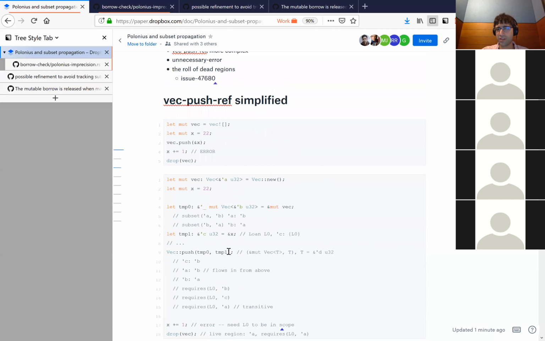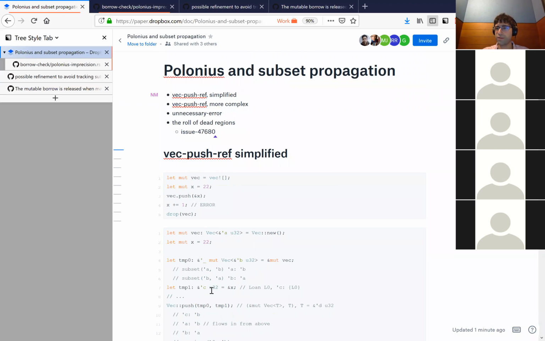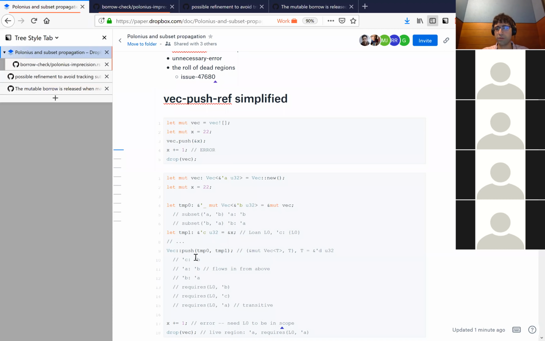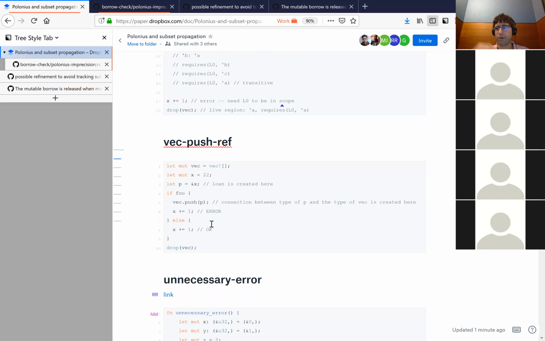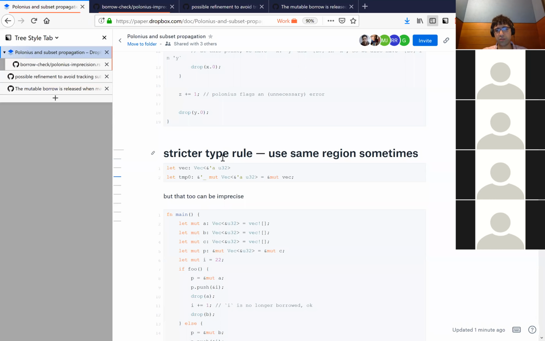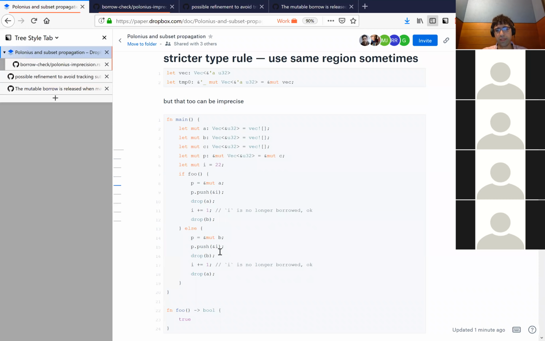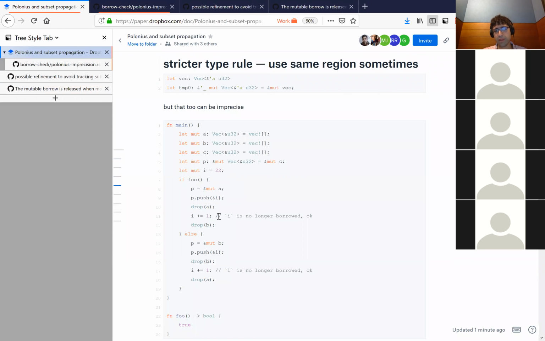The answer in Polonius today is no, because there are also these subset relationships, and they're important. If you just replaced it with the set of loans, you would lose the connection between temp 0 and vector, right? And that's exactly why we were saying, well, maybe if you just required them to be the same name, which would be this stricter rule. But now I'm not sure what the answer is if we do the location-dependent equality.